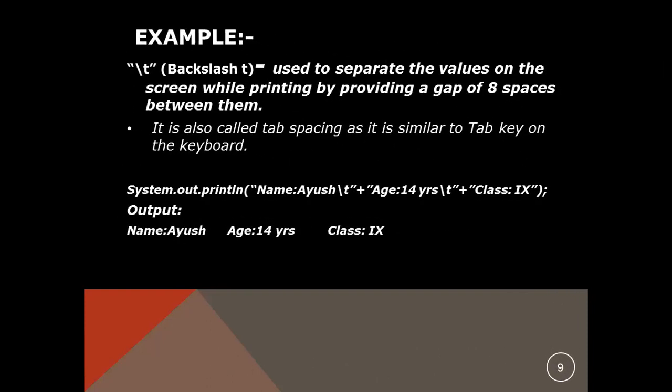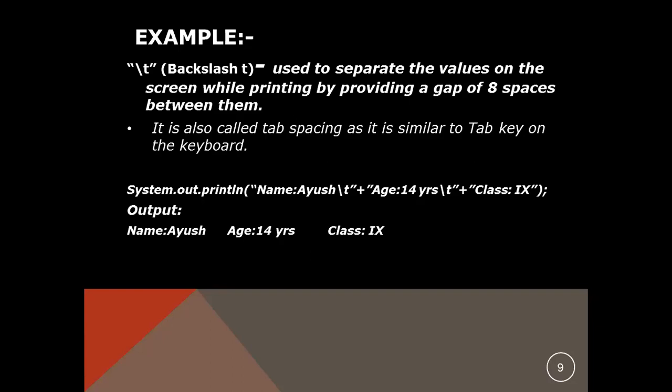One more example, that of backslash t. It is used to separate the values on the screen while printing by providing a gap of 8 spaces between them. It is also called tab spacing as it is similar to the tab key on the keyboard. As we all know, by using the tab key we can leave more space as compared to the spacebar key.